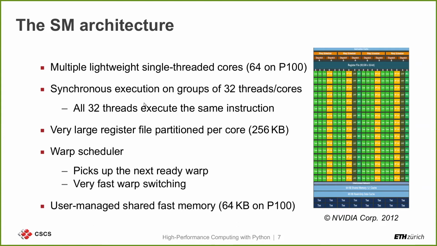We have a very large register file partition per core. You see here the register file. And then we have the warp scheduler, which picks the next warp that is ready for execution and submits it for execution. And the warp switching is very fast compared to the context switch that is happening on the CPU.